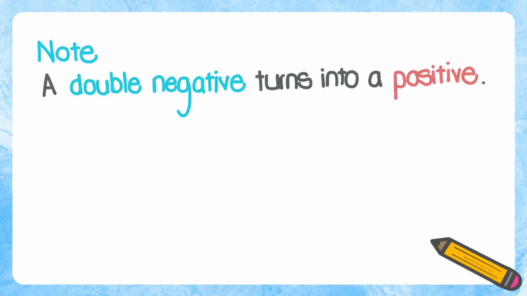I want to make a quick note before we move on to the next examples. So remember that a double negative turns into a positive. For example, minus -3 is the same thing as +3. So the double negative turned into a positive.